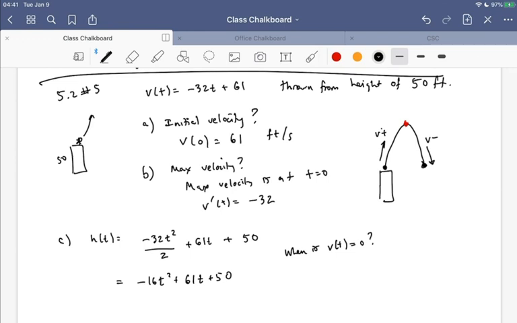And since we have the velocity function, we get 61 over 32, whatever that is. In fact, I think 61 is actually prime. Let me look. Yep, it is prime. So you can't simplify that at all.